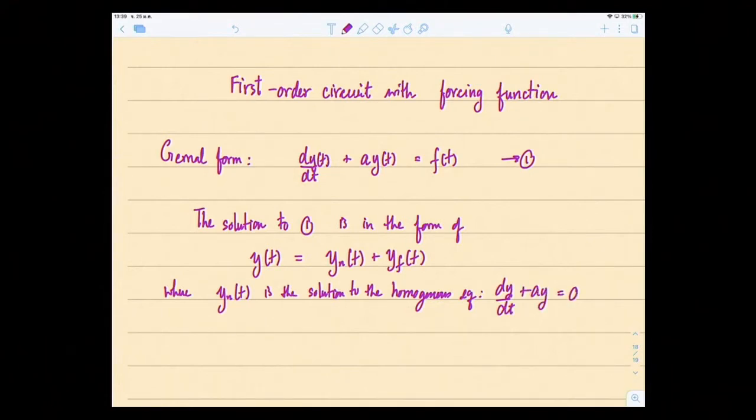That is, you set your forcing function f(t) equal to 0.